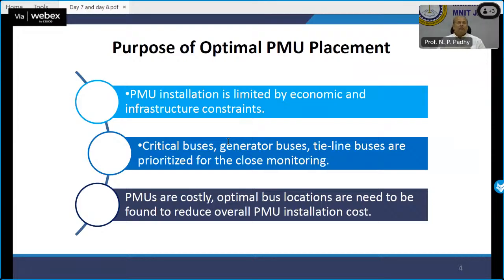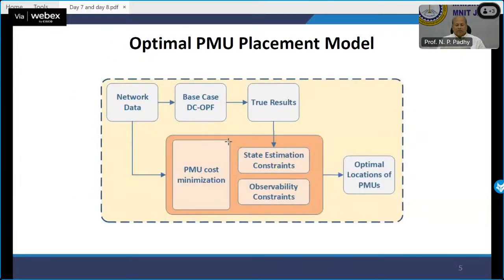So then why optimal placement? PMU installation is limited by economic and infrastructure constraints. Critical buses, generator buses, and tie line buses are prioritized for close monitoring. PMUs are costly. Optimal bus locations need to be found to reduce the overall PMU installation cost. All right, so the optimal PMU placement model.